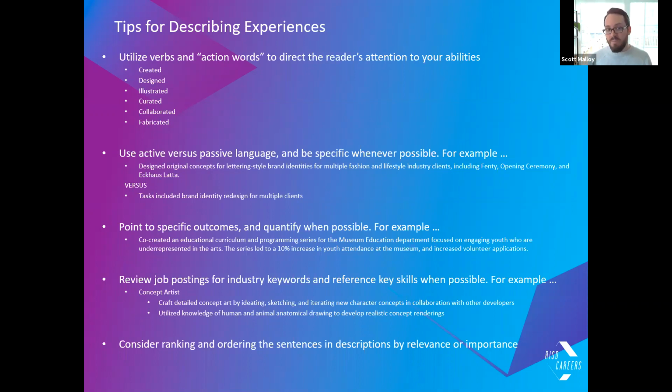However, I would say it pales in comparison and is not as effective or compelling as: designed original concepts for lettering style brand identities for multiple fashion and lifestyle industry clients, including Fenty, Opening Ceremony, and Eckhouse Lotta. Those are the same experience, but one is much more descriptive and much more compelling because it goes into slightly more detail and also provides information about the type of clients they were doing work for. So you can always ask yourself questions when you're working through this as to, am I leaving out information or is there critical information that I could add here?